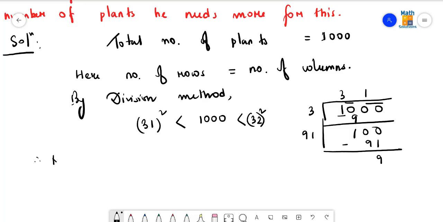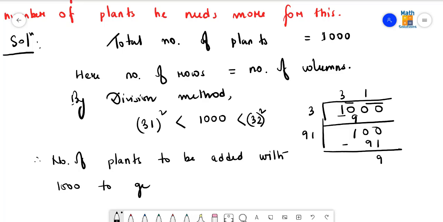Therefore, the number of plants to be added with 1000 to get 32 square will be equal to 32 square minus 1000.